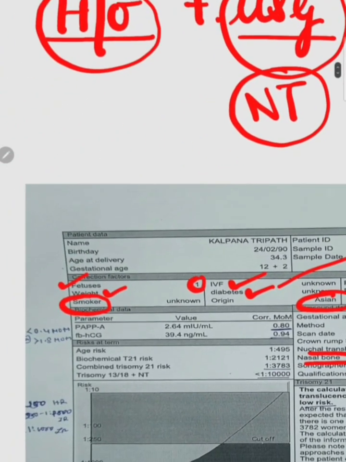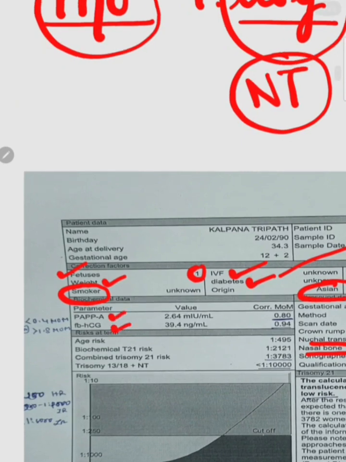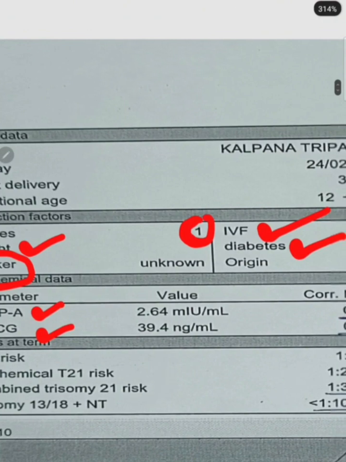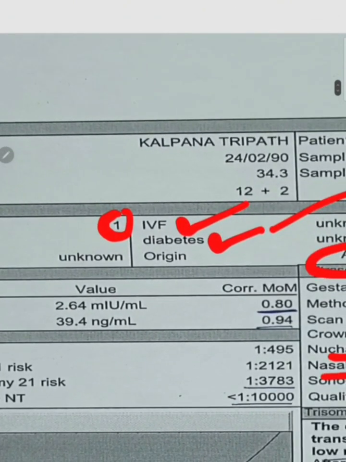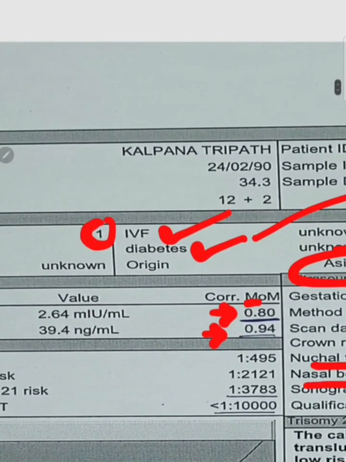In biochemical markers, as I have already told, we will take PAPP-A and free beta HCG. Now see, it is very important to look at the MoM values, corrected multiples of median. So you see PAPP-A is 0.8 MoM. So 0.8 MoM is normal because less than 0.4 MoM is abnormal.